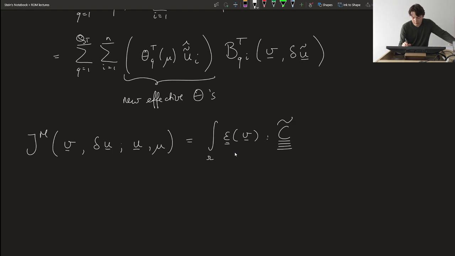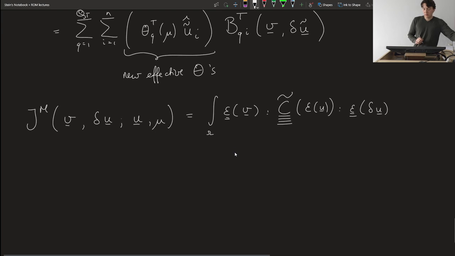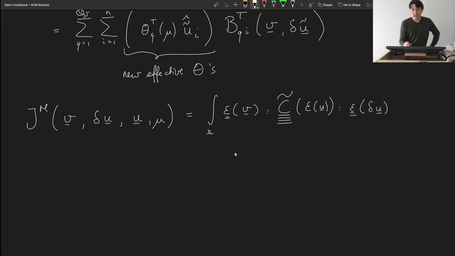But this was now this funny stiffness tensor that depended on the strain of the solution state, double contracted with the strain of our increment. So clearly this is the thing that we're somehow going to have to tackle.